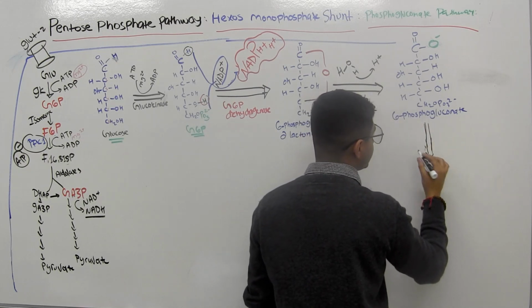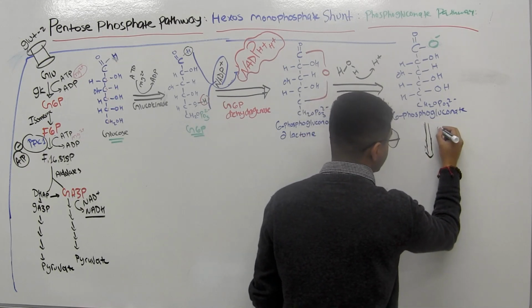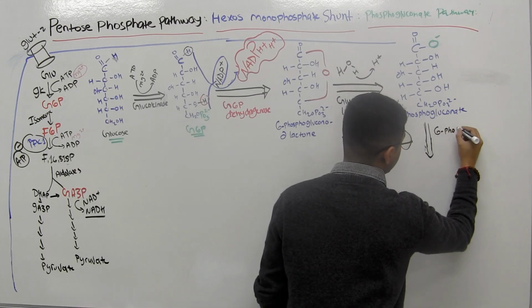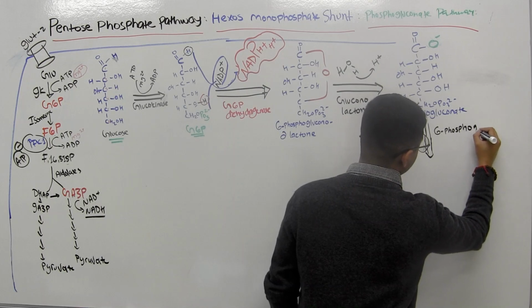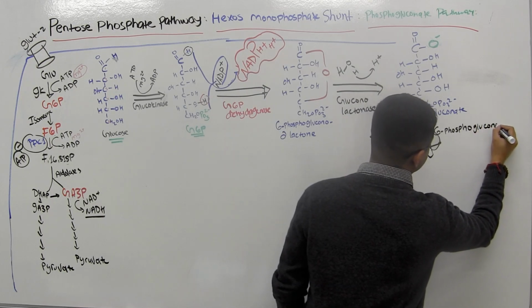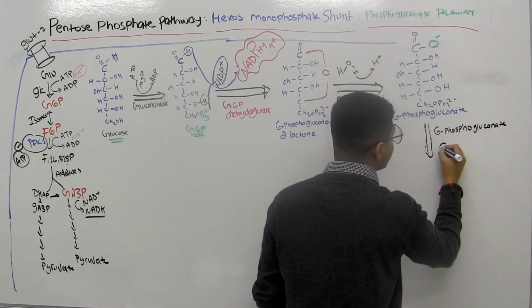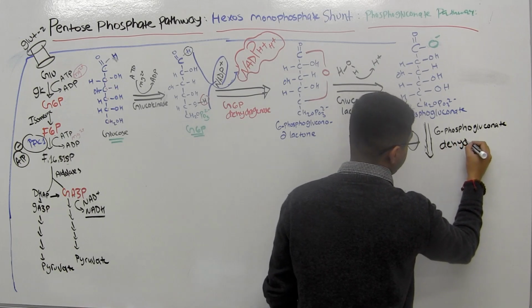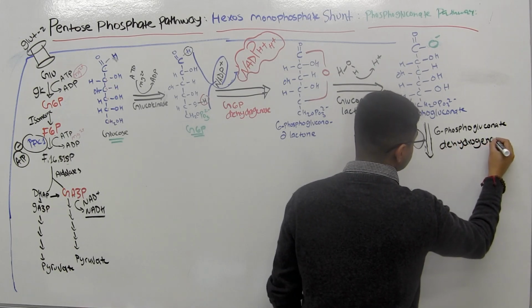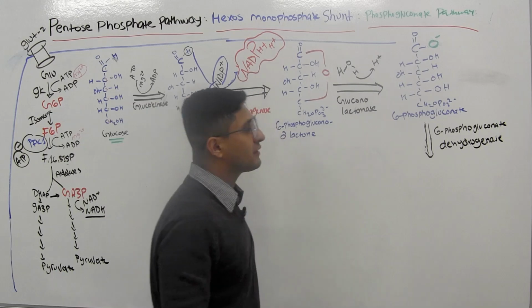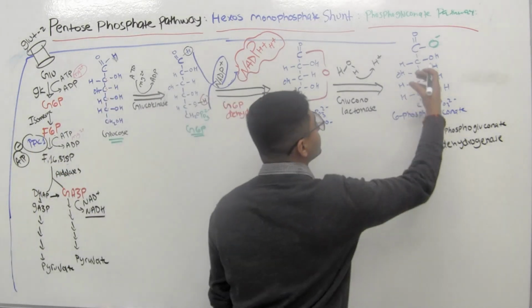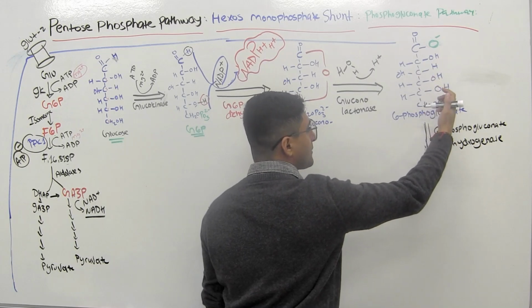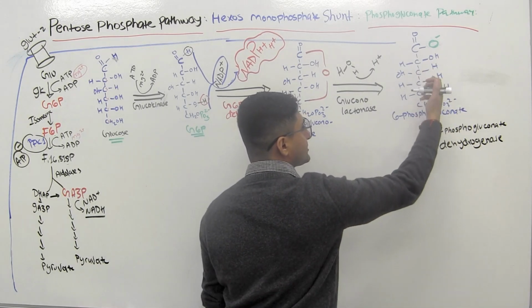This enzyme, the name will tell you, is 6-phosphogluconate dehydrogenase. What this does is pluck some hydride too.